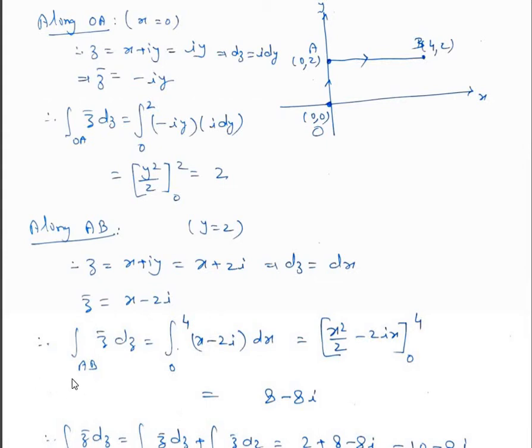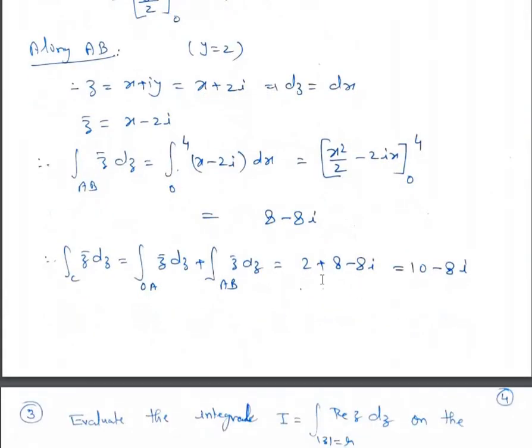So along AB, z bar dz is from 0 to 4, because in this case the x coordinate varies from 0 to 4, and z bar is x minus 2i, and dz is equal to dx. So integrate this. The integral gives x square upon 2 minus 2i x, limit 0 to 4, which is equal to 8 minus 8i.